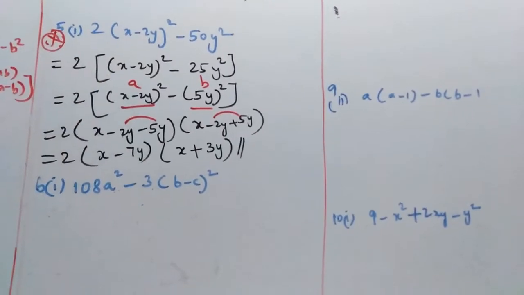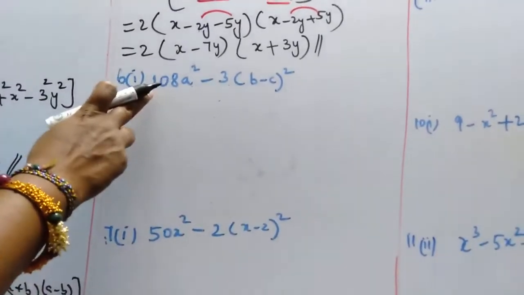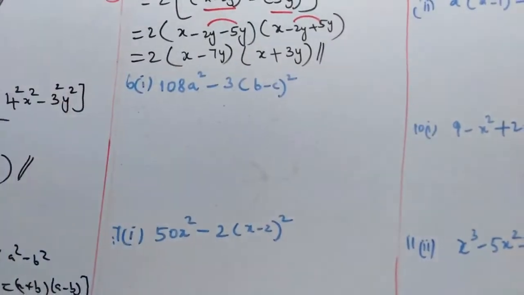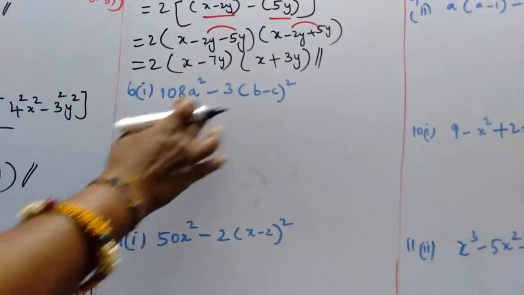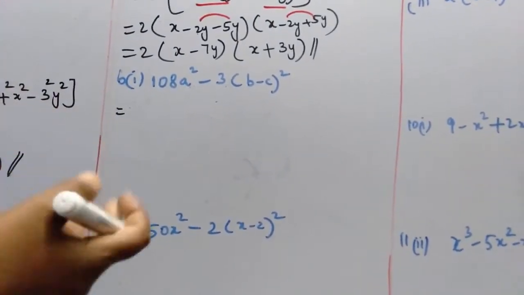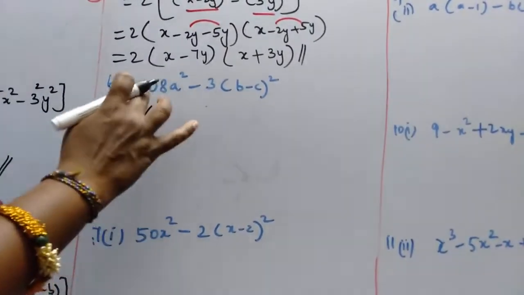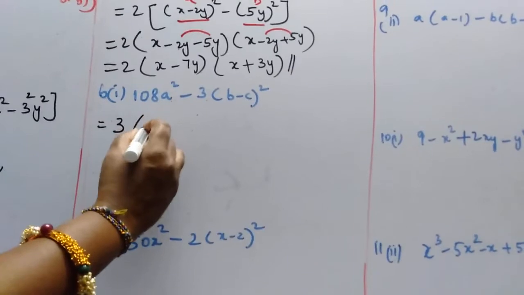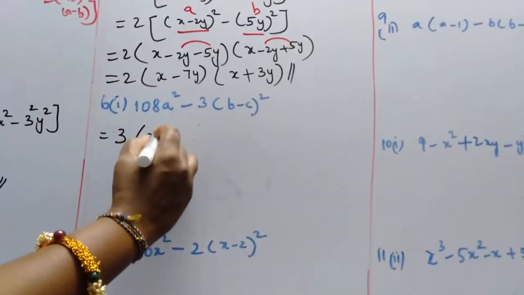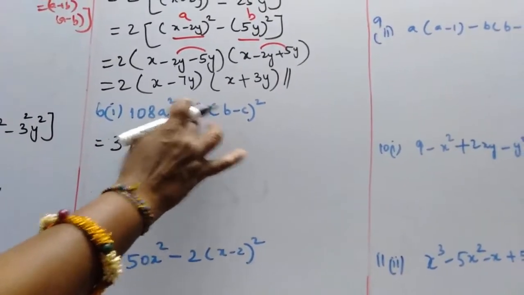Okay, next we proceed to question number 6.1. The question here is 108a² minus 3(b minus c)². Same as the previous one, we are going to take the common number outside first. Is there any common factor, any variable or number? Yes, the number alone is common, which is 3. If we take 3 outside and divide 108 by 3, we will be getting 36. A² minus 3 has been taken, so 3 by 3 becomes 1.